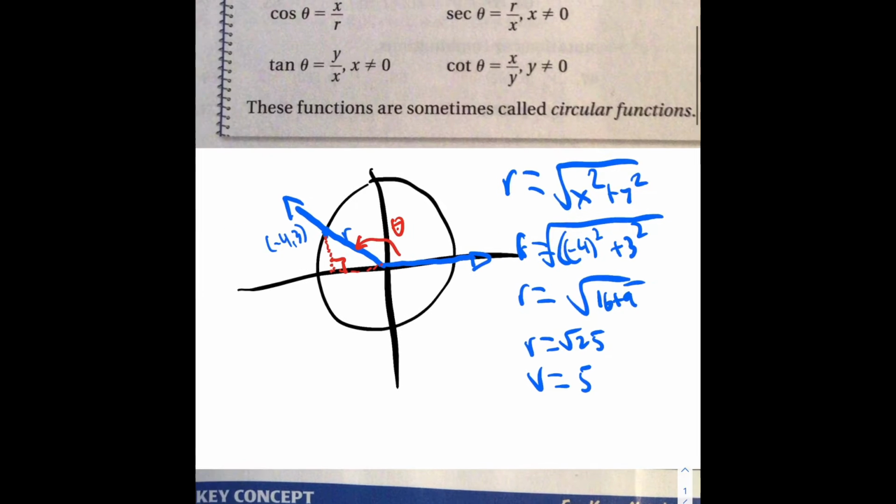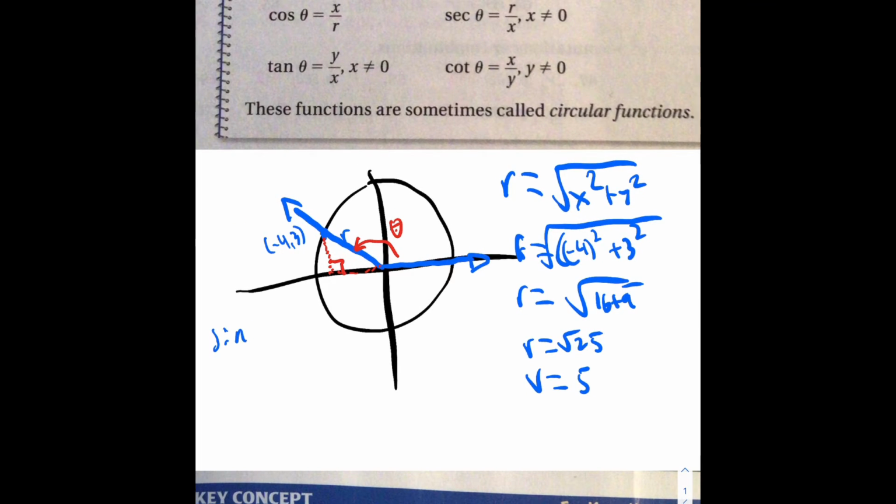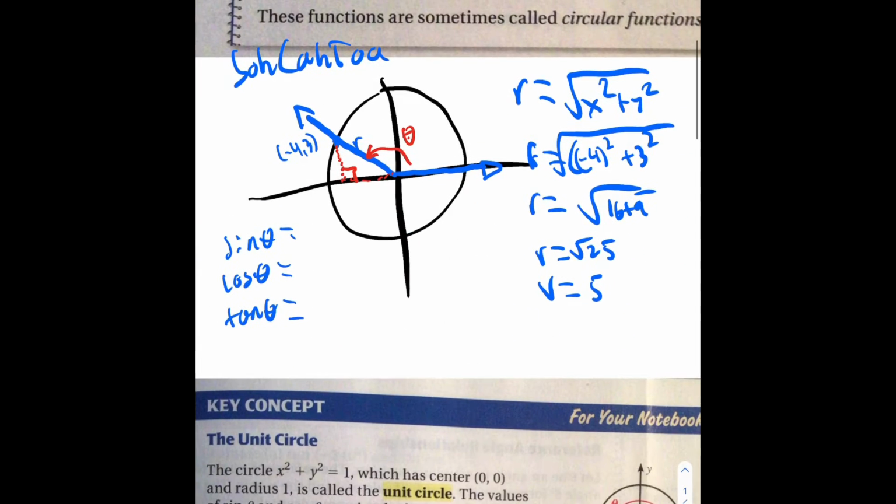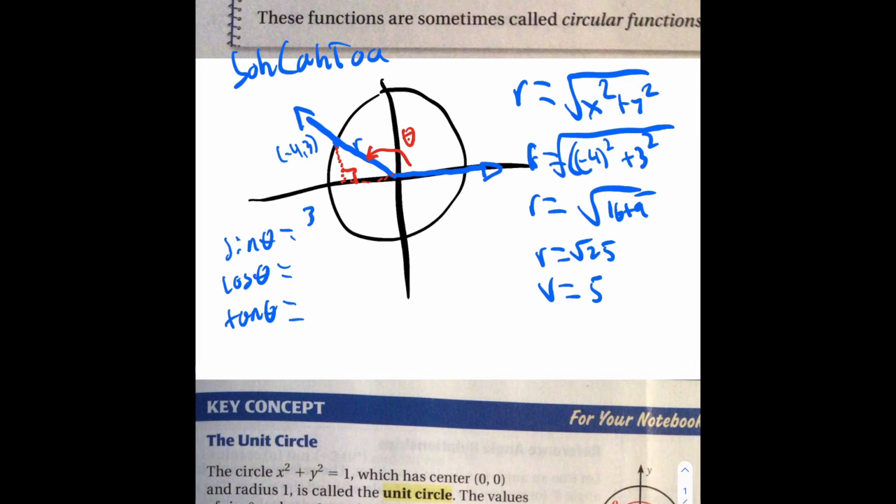And then we can find the following if we wanted to find sine, cosine, tangent. Again, always keep in mind SOHCAHTOA. Sine is y over r. Again, that's our ratio right here, y over r. So my y value is 3, and my r we just found was 5.